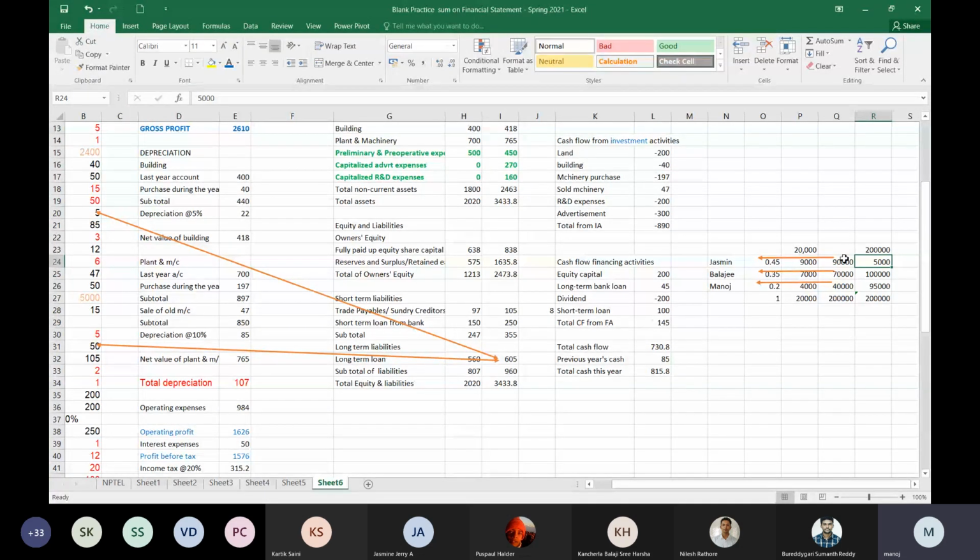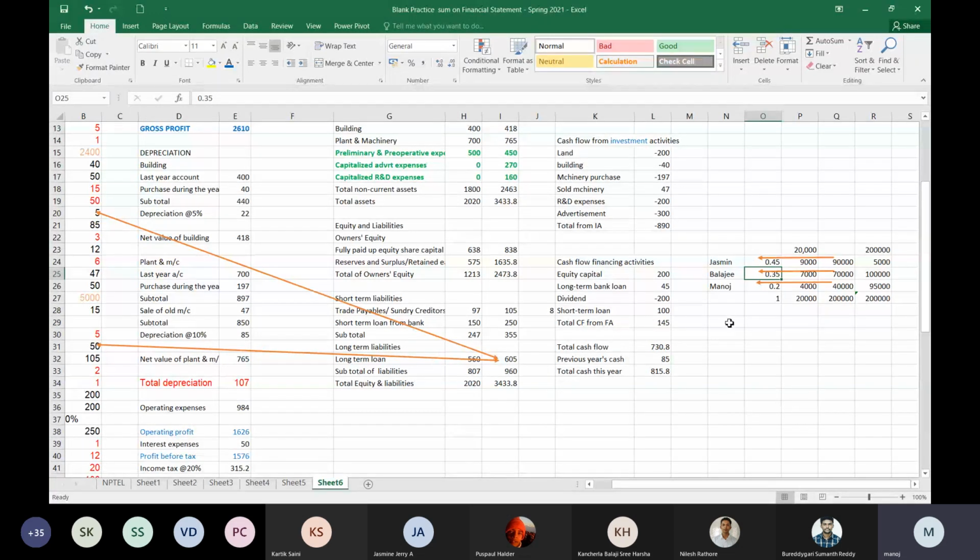It is not always based on the amount of money that you bring, but in your books of accounts it will be shown like this, that Yasmin is bringing 90,000 rupees, that is why she holds 45%, and Balaji is bringing 70,000 rupees, that is why he is being allocated 35%, etc. Okay, that is the understanding.